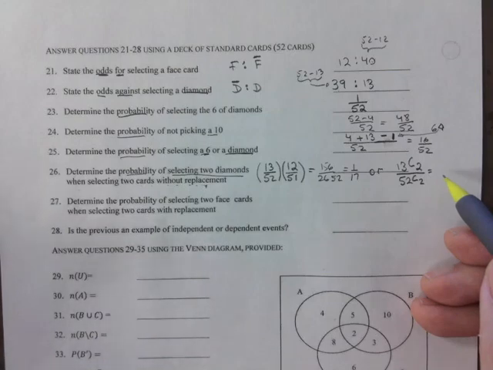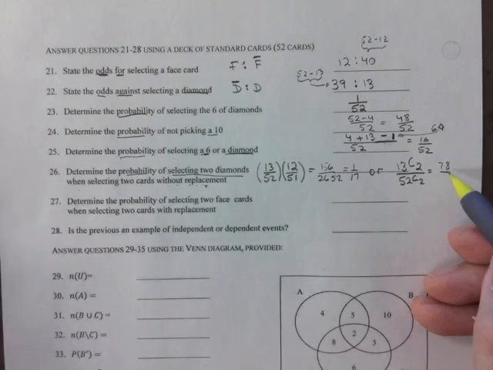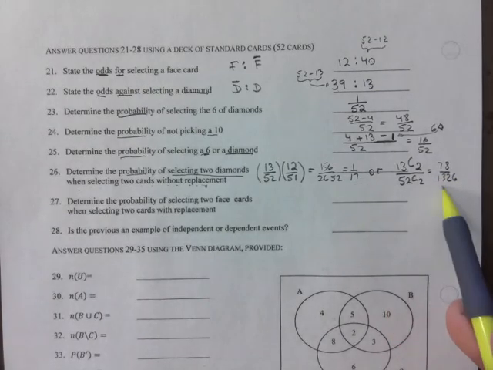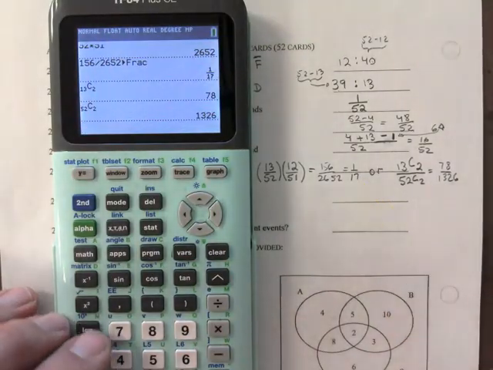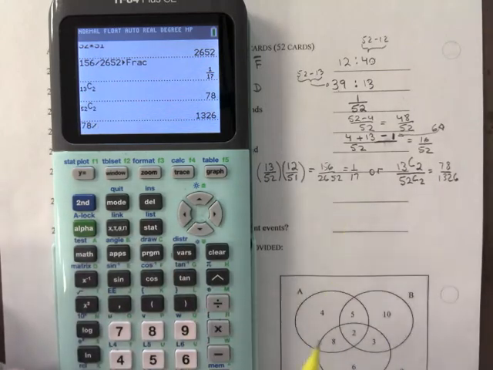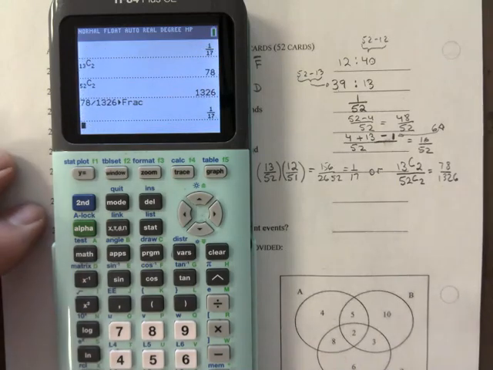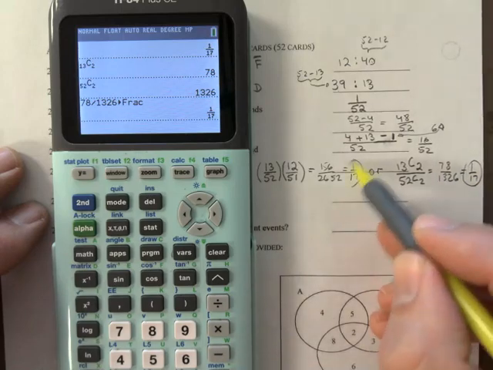To get choose. 13 choose 2 is 78. And 52 choose 2 is 1326. And you're like, they're not the same. You got to either turn them into a decimal or reduce them. Oops, math. There it is, 1 over 17. So you can use either method.